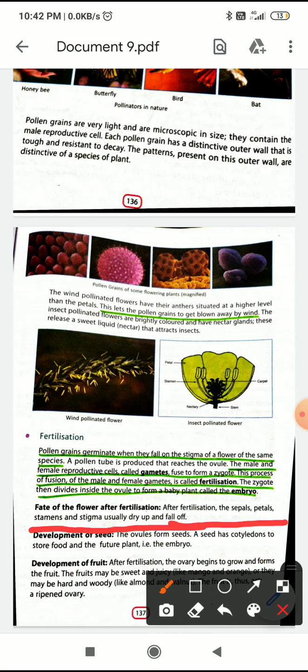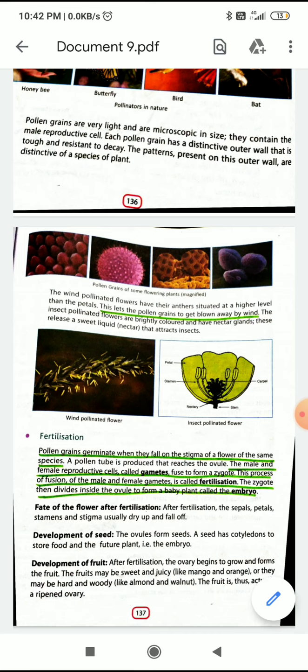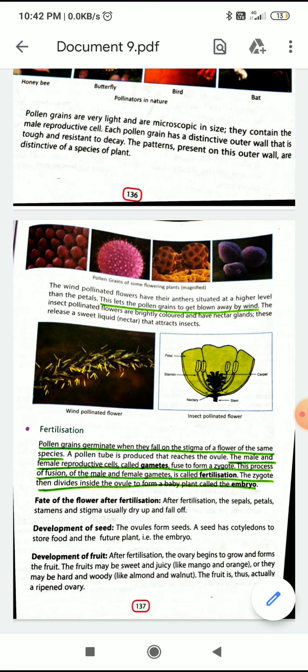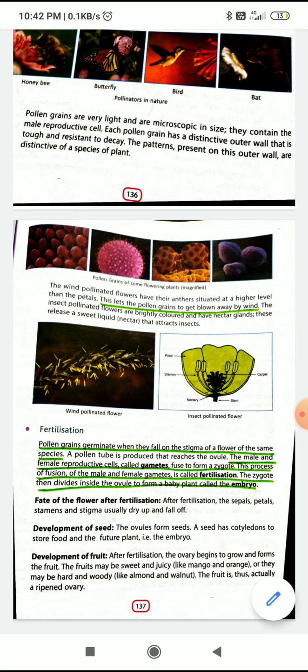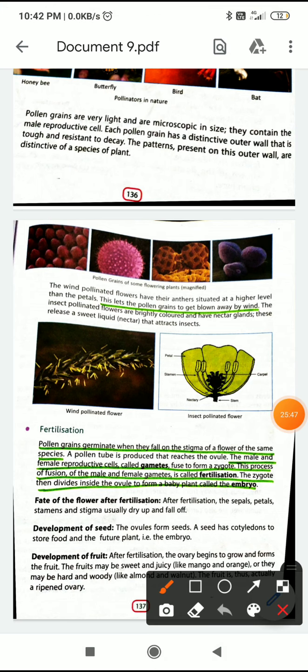In the flower also, these are the petals, and below the petals the sepal is also present. It is not showing here, but the position of the sepal is here. So the sepal, petal and stigma usually dry up and fall off.